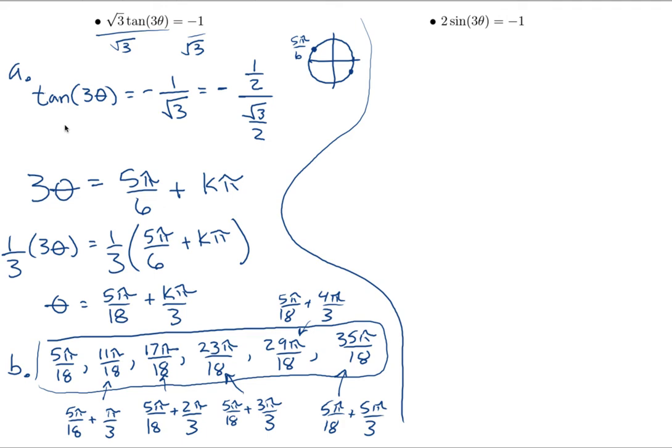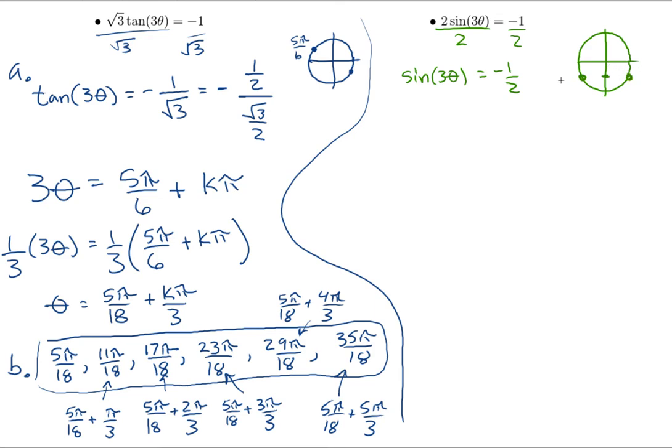All right, so one more example here. We can divide by 2. So we have the sine of 3 theta is -1/2, but that's definitely a special value. So on that unit circle, the sine's going to be -1/2 down here, right?